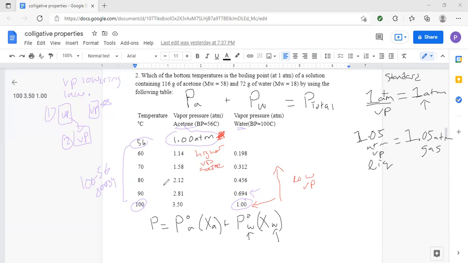When they mix, their boiling points are also going to mix. Water's boiling point is going to lower, and acetone's boiling point is going to go up because it's mixed with the water.